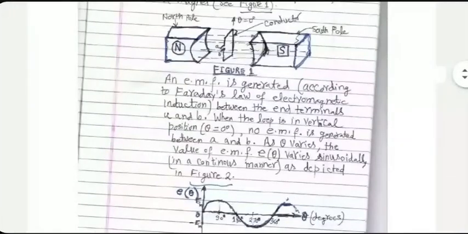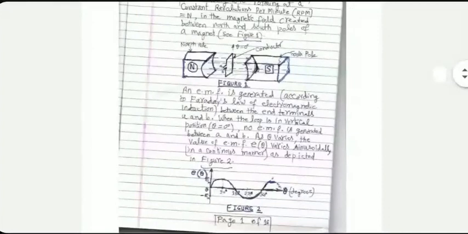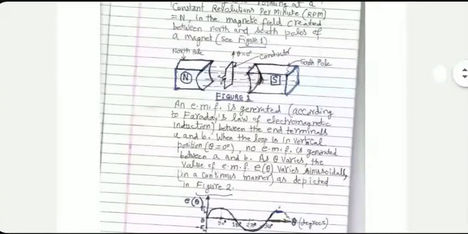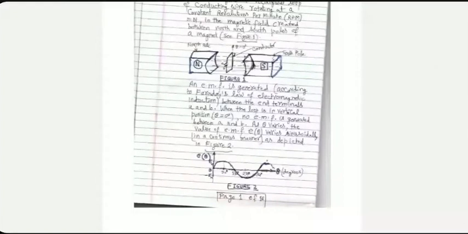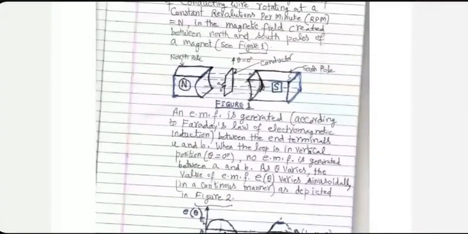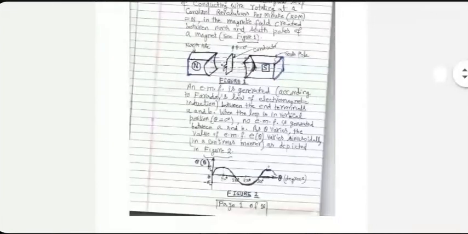The EMF that you will see across the two output terminals of this conducting loop, which are small a and small b, will have a sinusoidal shape with theta. We have seen that in the previous PPTs also. Now, theta is continuously changing at a constant rate. That means indirectly it is representing time. So what you have got is a sinusoidal signal with respect to time.